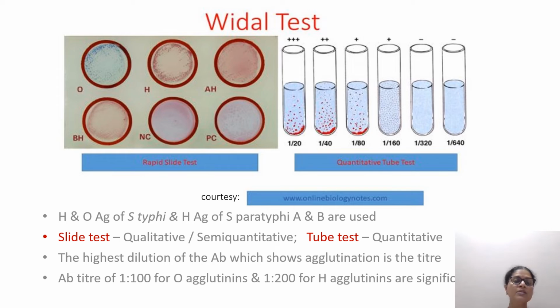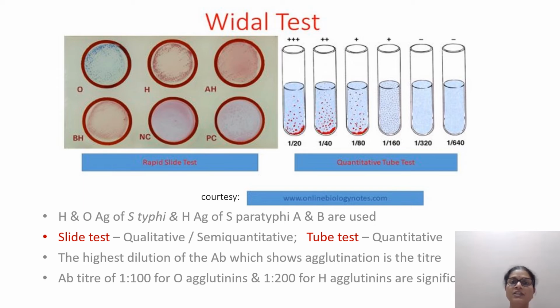If the specific antibodies are present in the patient sera, then there will be visible clumping. This is an indication for a positive result. The slide test can be done either as a qualitative test or as a semi-quantitative test.